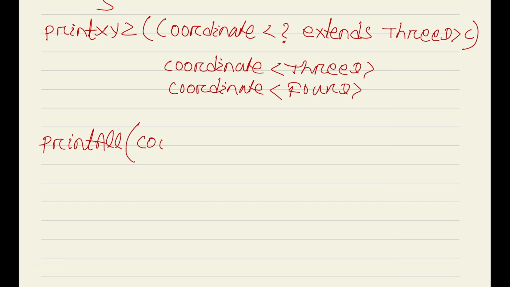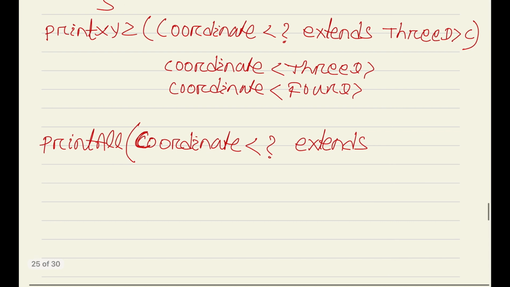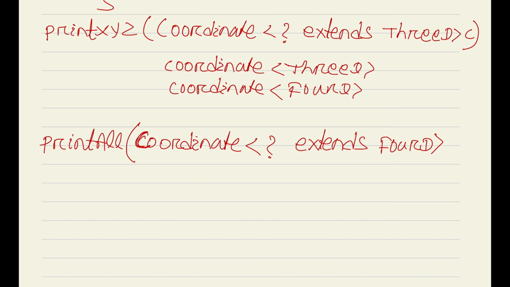So you can write Coordinate, capital, then question mark extends 4D, then the angular bracket close and the name of the parameter, maybe C. Here you can write the statements to print all components.